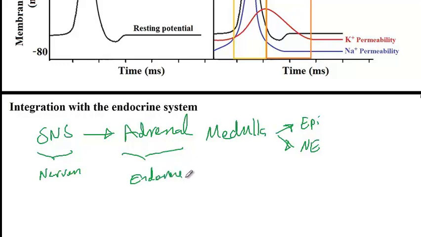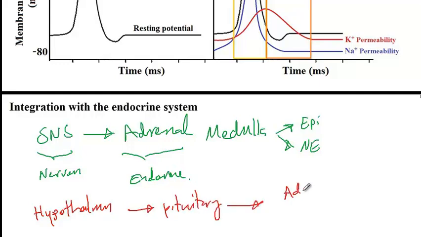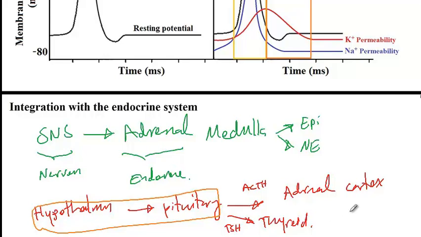Another example that I can give you is, for instance, the hypothalamus that acts on the pituitary gland, and then the pituitary gland releases different hormones that can act on the adrenal cortex, like, for instance, the ACTH that acts on the adrenal cortex, or the thyroid stimulating hormone that acts on the thyroid. And again, this is another example of the nervous system acting on the endocrine system.